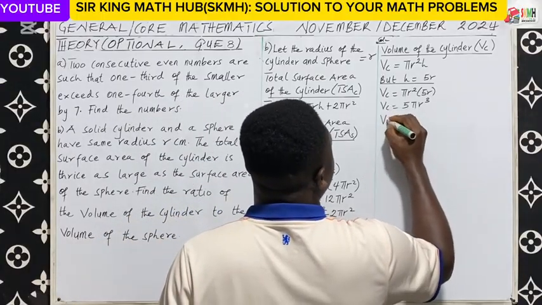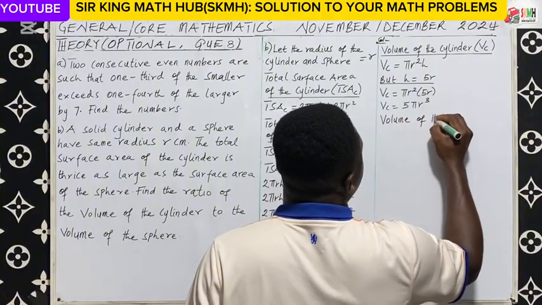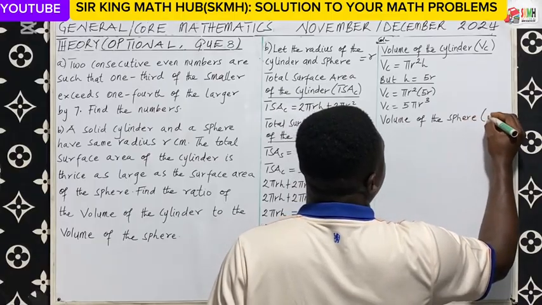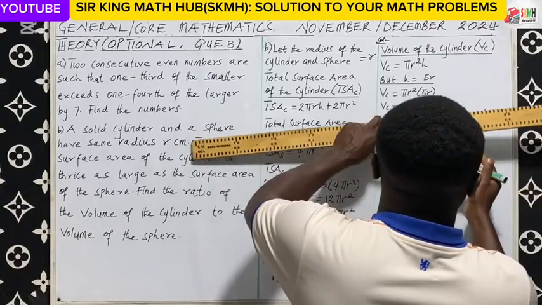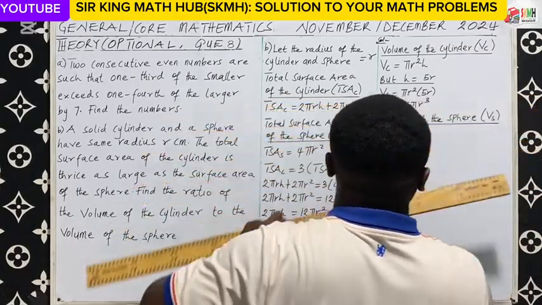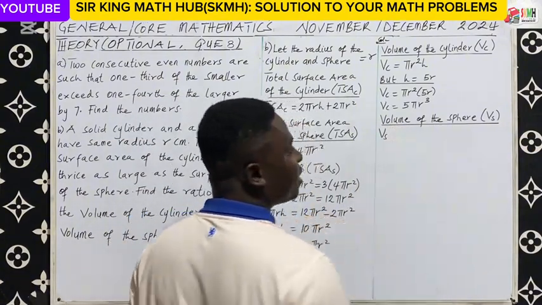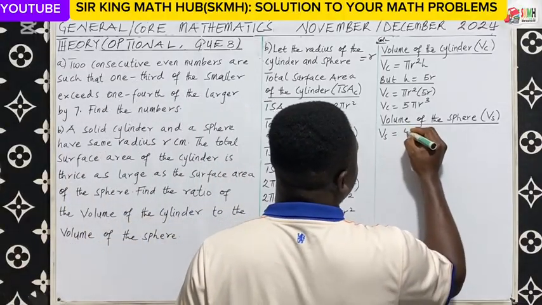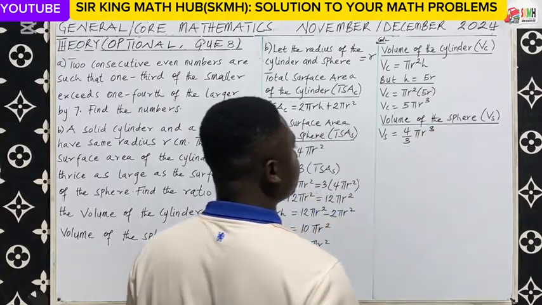Let's also calculate the volume of the sphere. Recall the formula for calculating the volume of a sphere. So the volume of a sphere is giving us 4 over 3 pi r cubed.